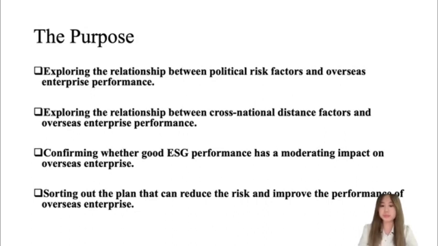Then confirming whether good ESG performance has a moderating impact on overseas enterprise. Last, the purpose is sorting out the plan that can reduce the risk and improve the performance of overseas enterprise.